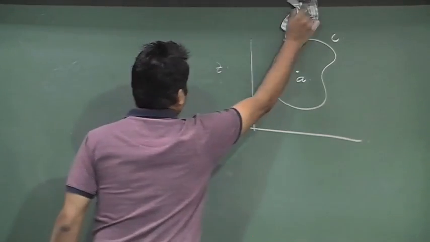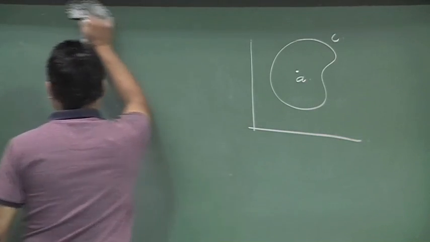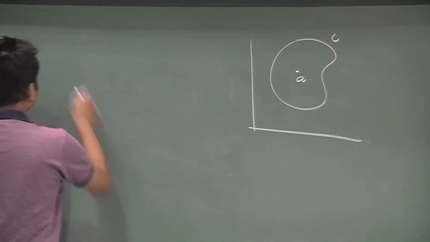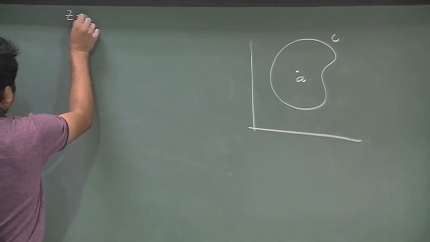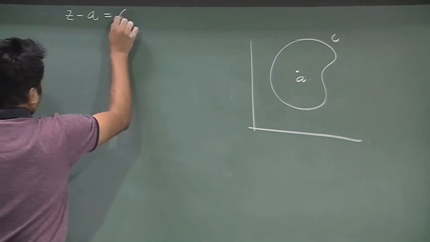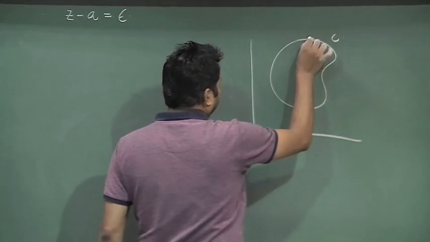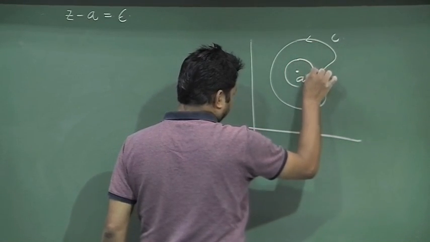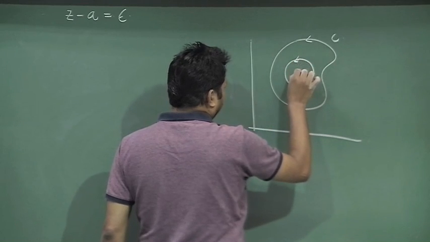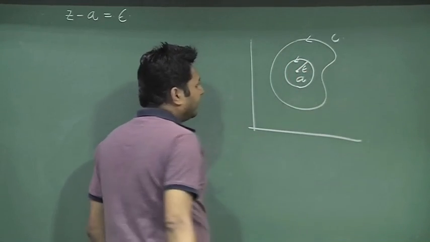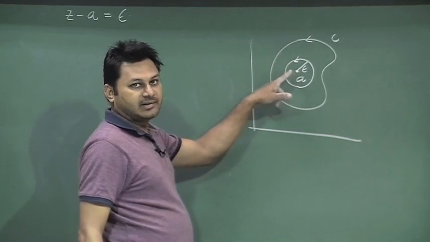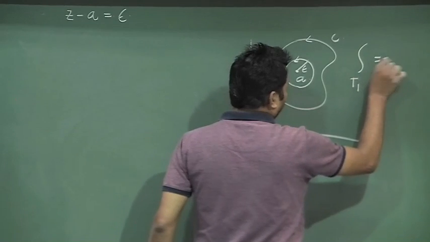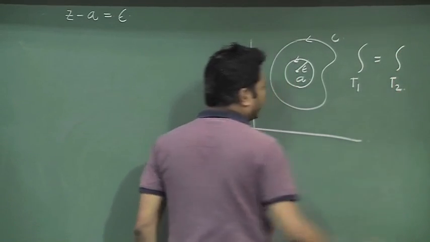Now let us try to prove it quickly. Let me put this figure here. I put this integration over C, and if I draw a circle here with radius epsilon, these two integrals are the same. Last day we proved that. If you remember, gamma 1 is equal to gamma 2, we proved this.